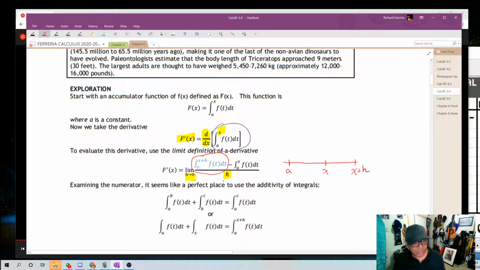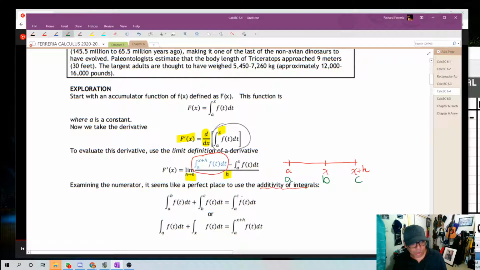So what we're going to do is break apart this integral using the additivity of integrals. Remember, the integral from a to b plus the integral from b to c is just the integral from a to c. Well, in our case, a is, of course, a, this is b, and this is c.